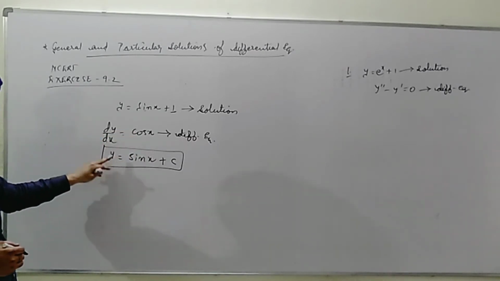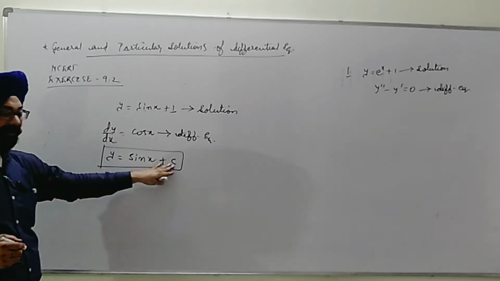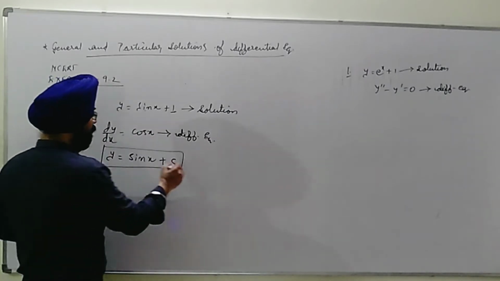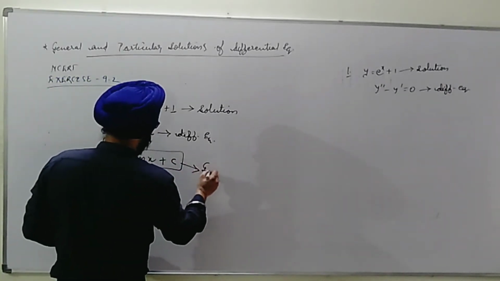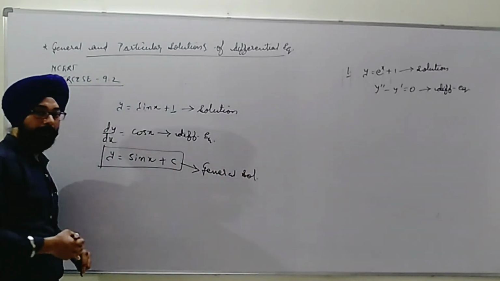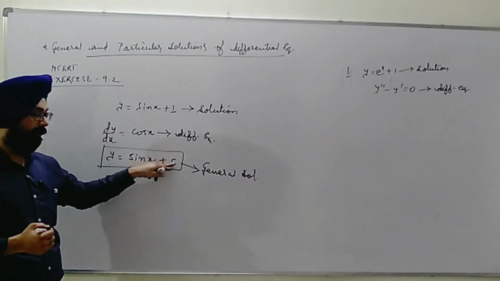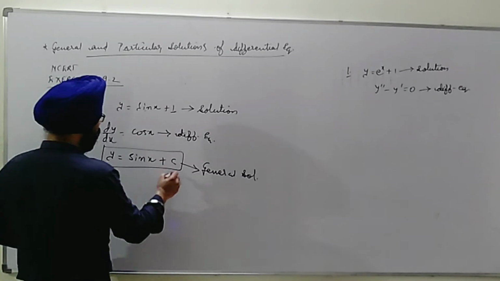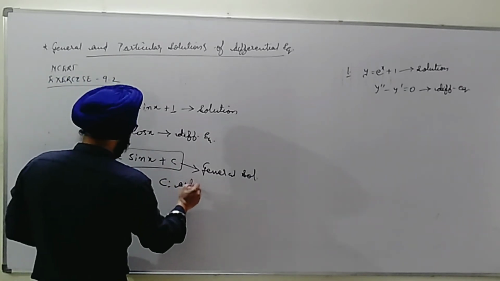This equation contains more than one solution, so this is the family of solutions. Such a solution is known as the general solution, where we have a constant, and this c is known as an arbitrary constant.